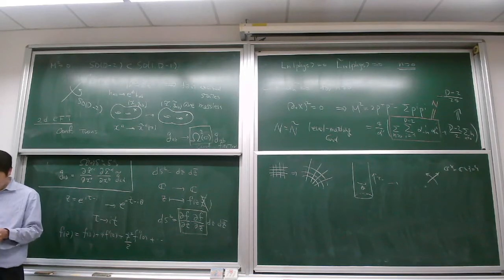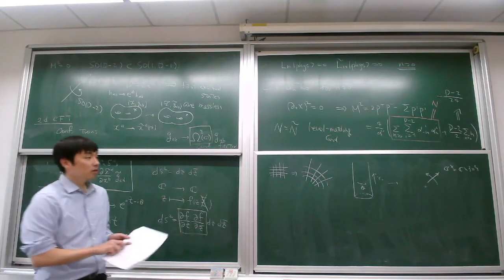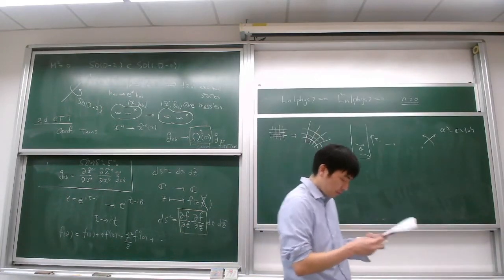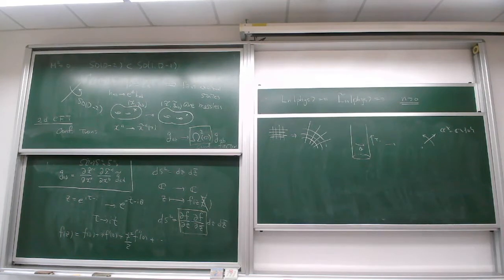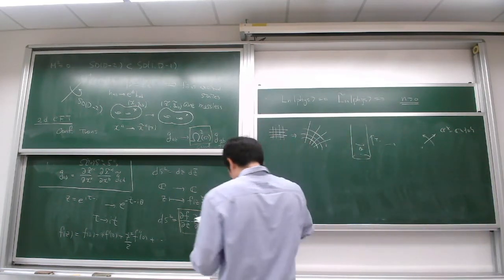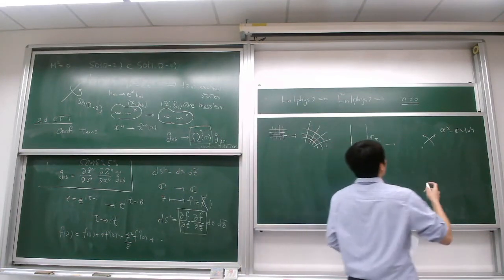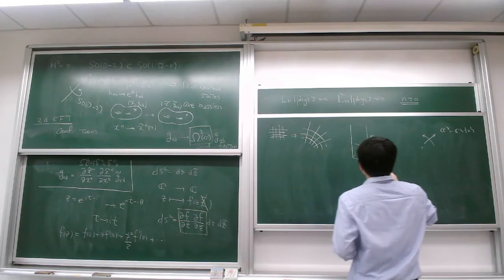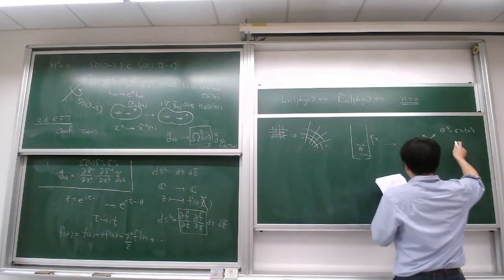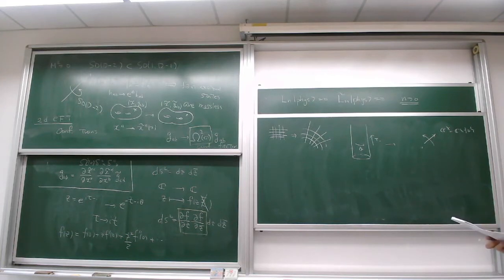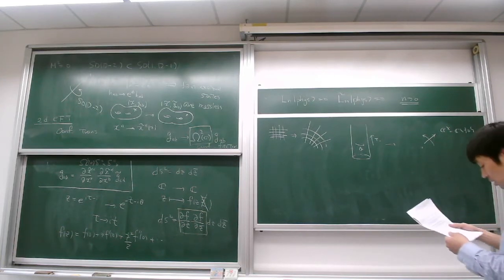Okay. And the state operator. So as John asked, the cylinder, you can do the conformal transformation to the C star.